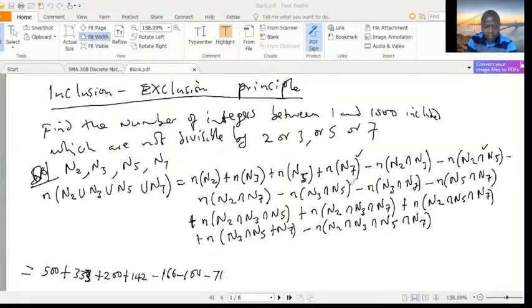And then this is 15. 3 times 5 is 15 into 1,000. Use your calculator and get 66. We are here, that's 21. 3 times 7 is 21 into 1,000. What do you get? Use your calculator and you get 47.